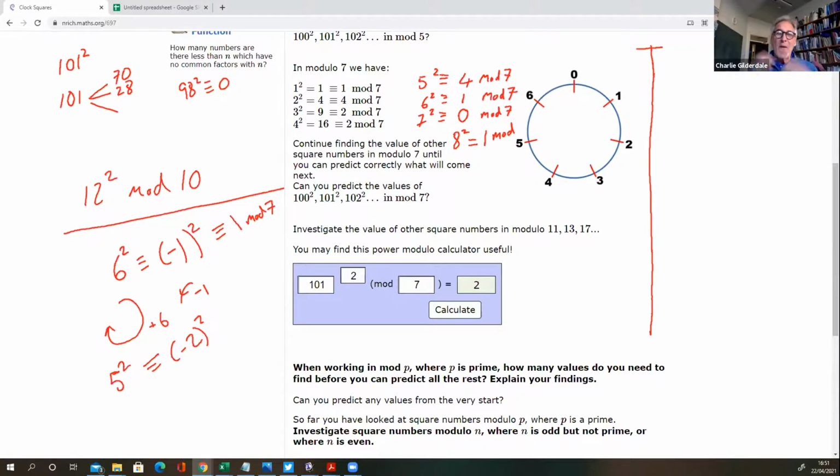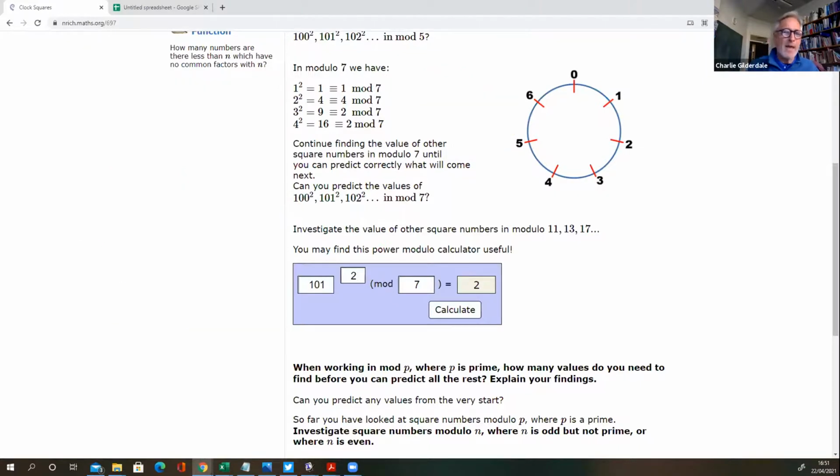Aha. So this task is about getting children to think about patterns, to notice both the cyclical nature but also the symmetry within each, and then to be able to use this to generalize, to predict, and then have the power module calculator to check.